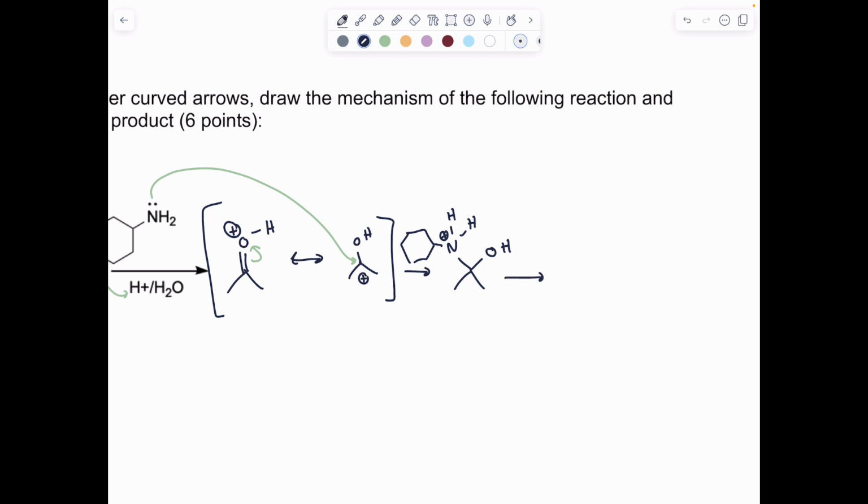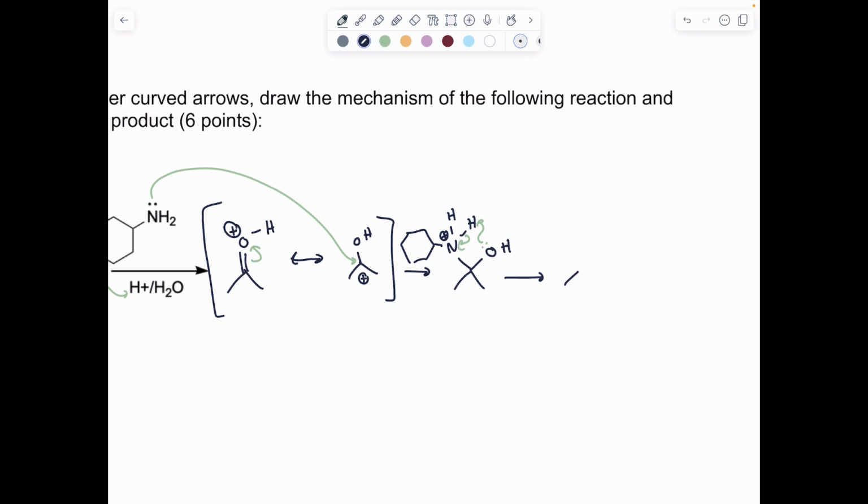The next step is we need to make the alcohol into a good leaving group, so we're going to protonate the alcohol, and we can do that by just stealing one of the protons from nitrogen because that was going to be the next step anyway, so we can just combine those two steps. So we can show this proton being attacked, and those lone pairs are going to fall back onto the nitrogen.